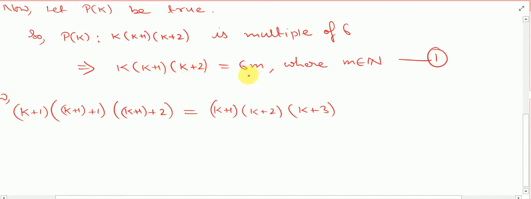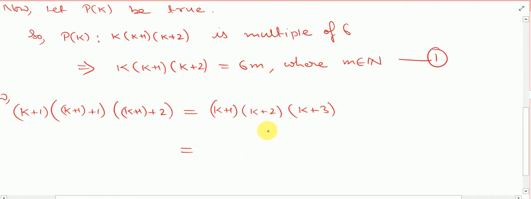Okay. I want to use this equation 1. So what I can do is here you can see this is k plus 1 into k plus 2. So here also we have k plus 1, k plus 2. The only thing over here, into k is missing. Yes, if there had been k times k plus 1 into k plus 2, then in place of that we could have easily written 6m.